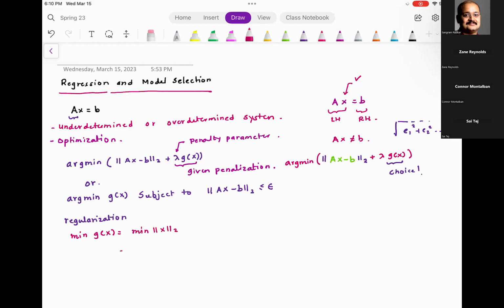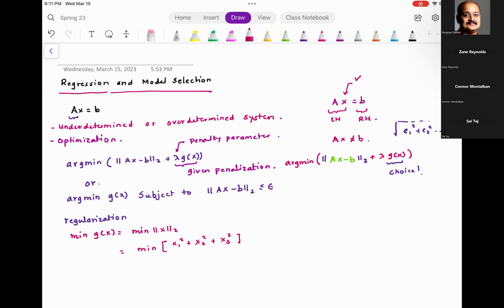What that means is minimum of x1 square plus x2 square plus x3 square, etc. So you can use some function that achieves this regularization.